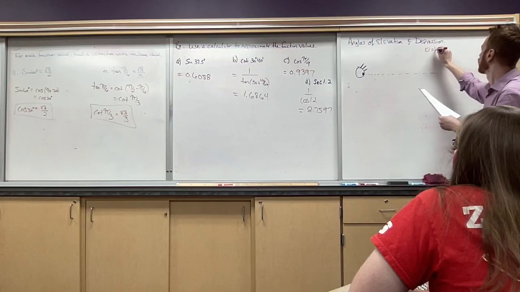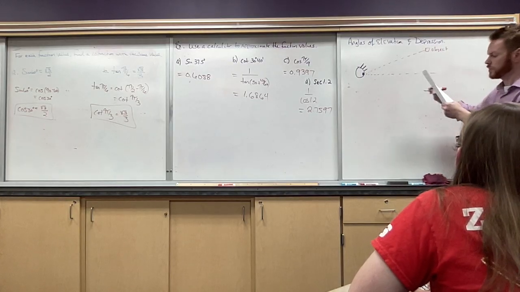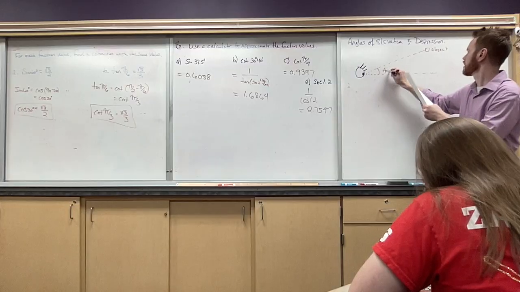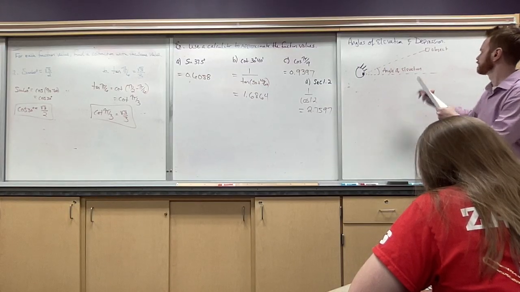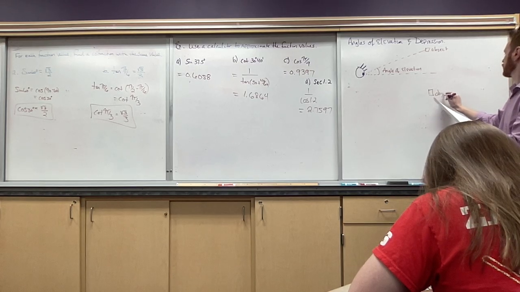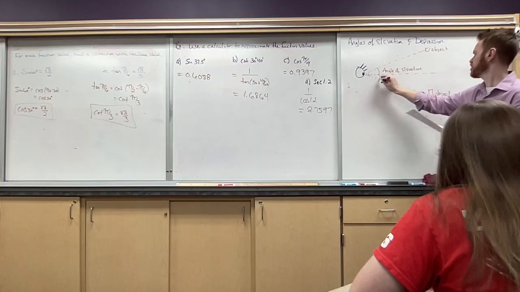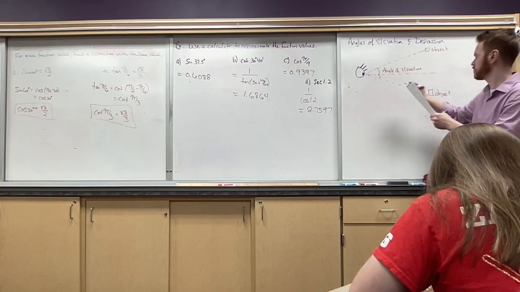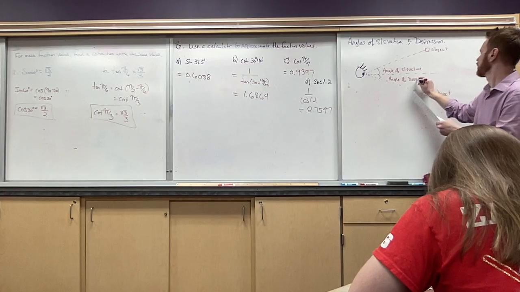You look upwards, so this is the angle of elevation. And then same thing, if there's some object down here, that change from eye level to the bottom is my angle of depression.